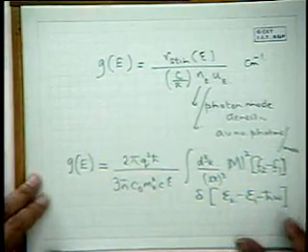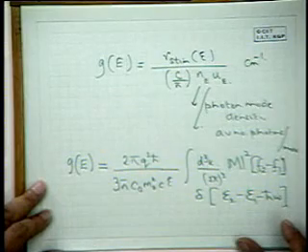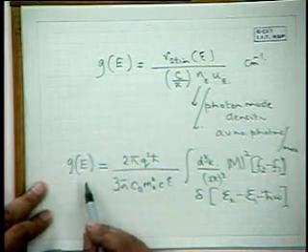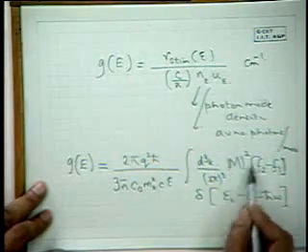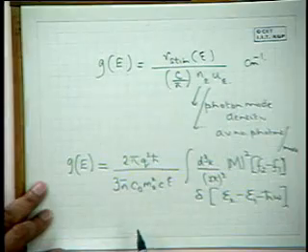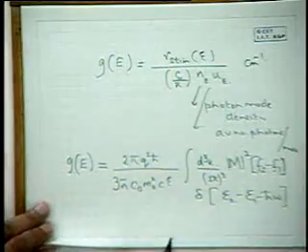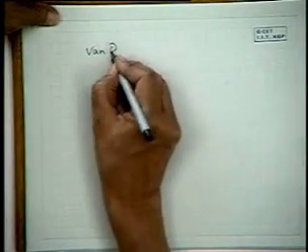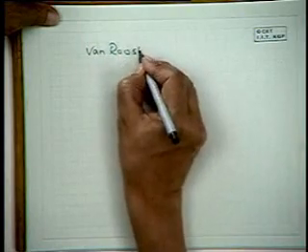So last time we discussed that this gain term will depend upon the value of the matrix element and the density of states. We can also write this in an equivalent fashion, and this is where we use the Van Roosbroek-Shockley relation.